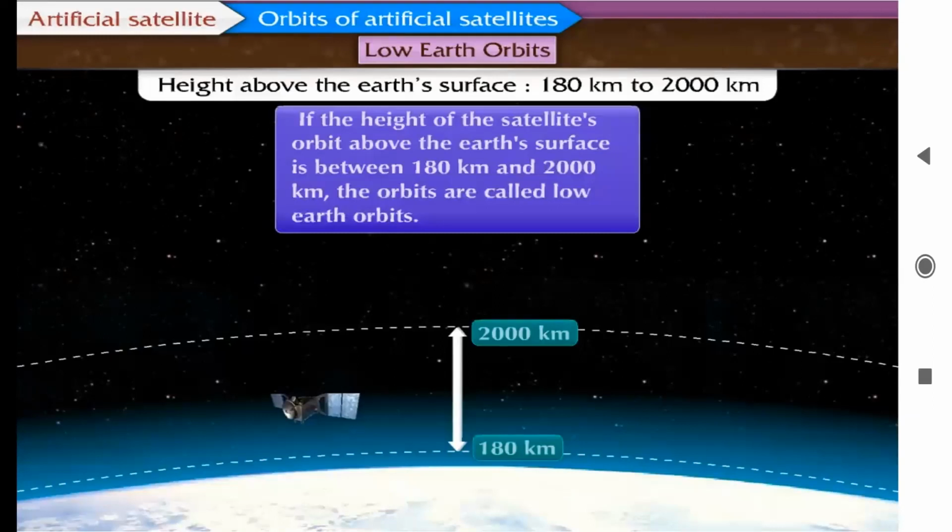See students, whenever the height of the orbit is between 180 kilometers and 2000 kilometers above the Earth's surface, that orbit is known as what?